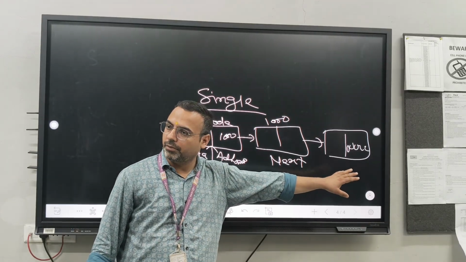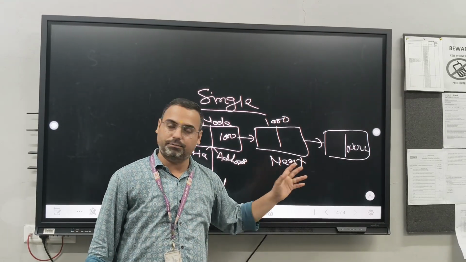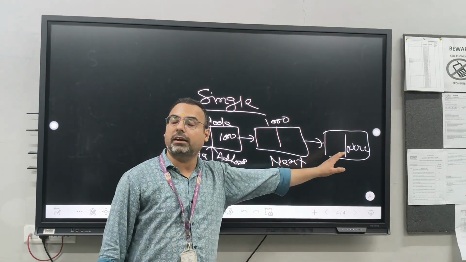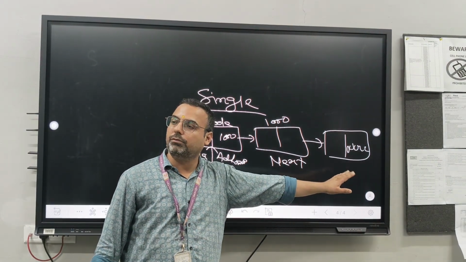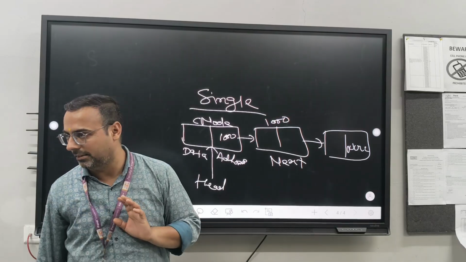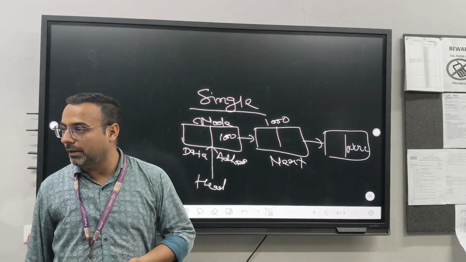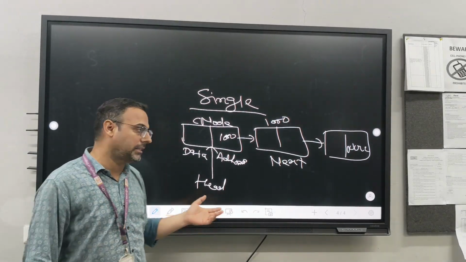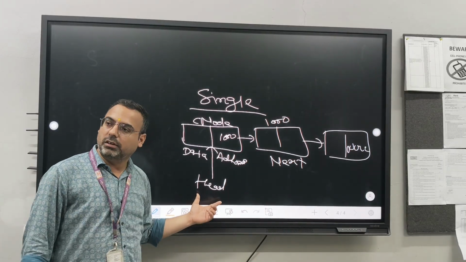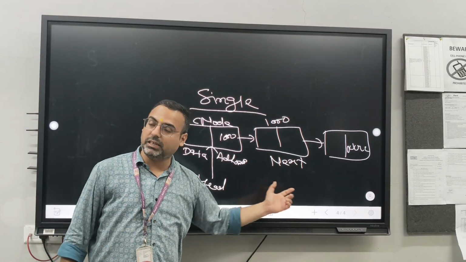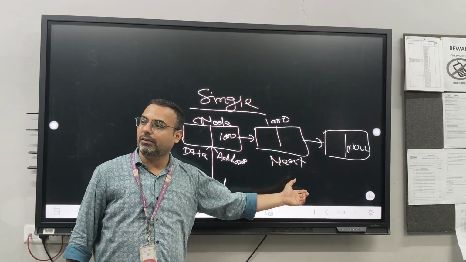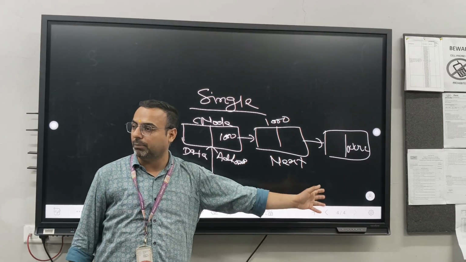We start at the head and end when we get the null. For reaching the end, we have to go with traversing. But अगर traversing की बात करें, और अगर मान लो by mistake we use the head for the traversing, we are shifting the head for the traversing purpose.